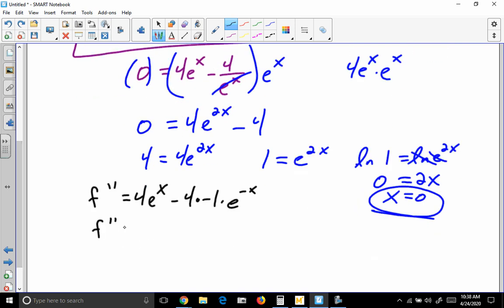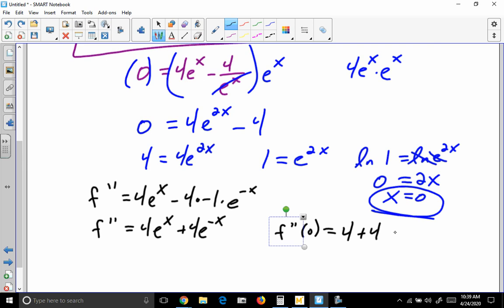So our second derivative is 4 e to the x plus 4 e to the negative x. So if we substitute a 0 into our second derivative, we get e to the 0, which is 1, so we get 4. Put a 0 in here, so e to the 0 is 1.